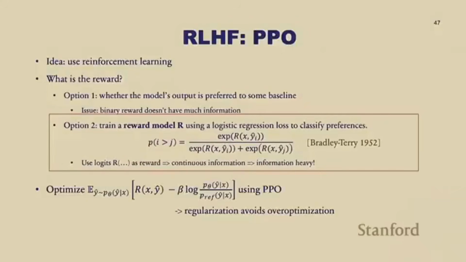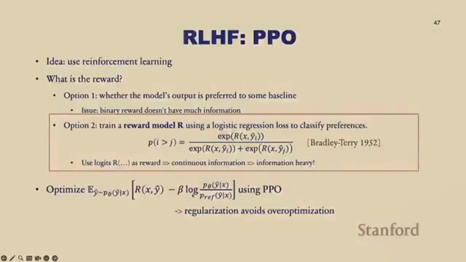Great. So as I just said, continuous information is better. So that's what people use in practice, or at least used to use in practice. I'll tell you about the other algorithm later. So what you do at the end is you basically just use reinforcement learning that you know about. Now we know we have our reward. What you sample through is the generation from your large language model.